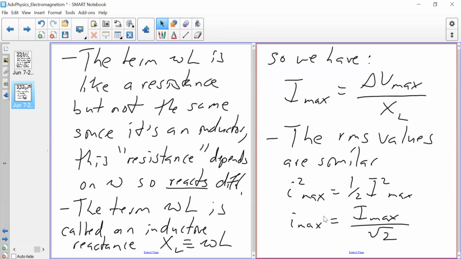The square root of half of the maximum current squared is your RMS current value. And so that's the important current in an alternating current circuit. Not the maximum current, we look at the RMS current.